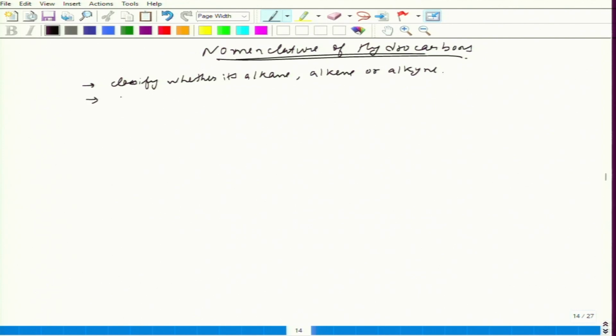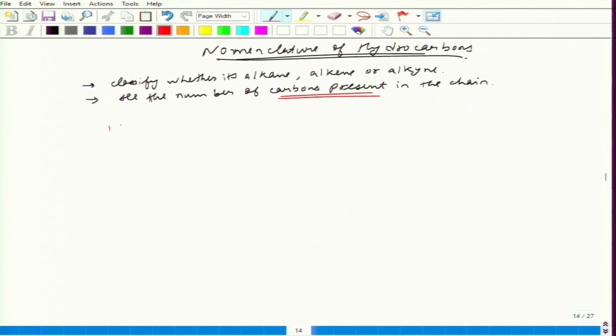Second thing, see the number of carbons present in the chain, and according to them, this number of carbons will determine the nomenclature of the hydrocarbons.